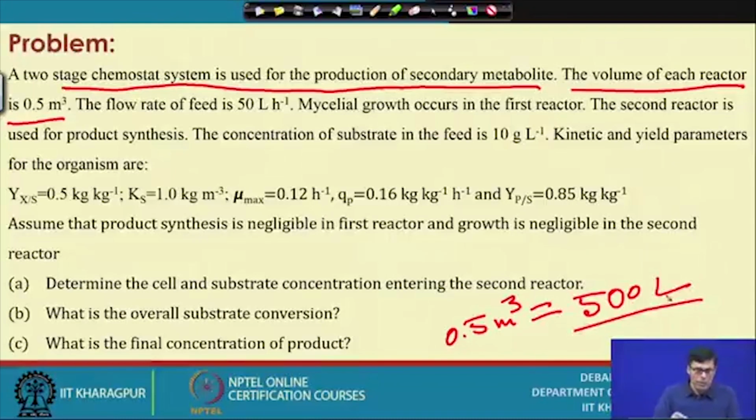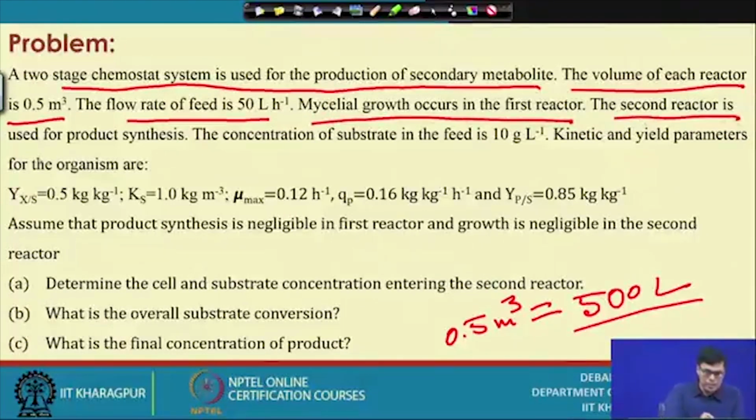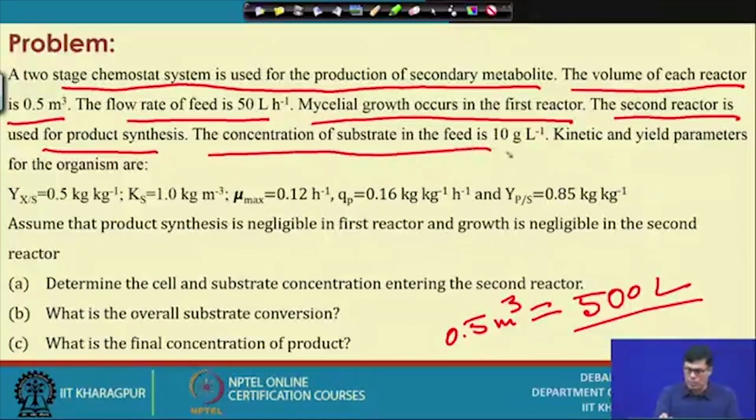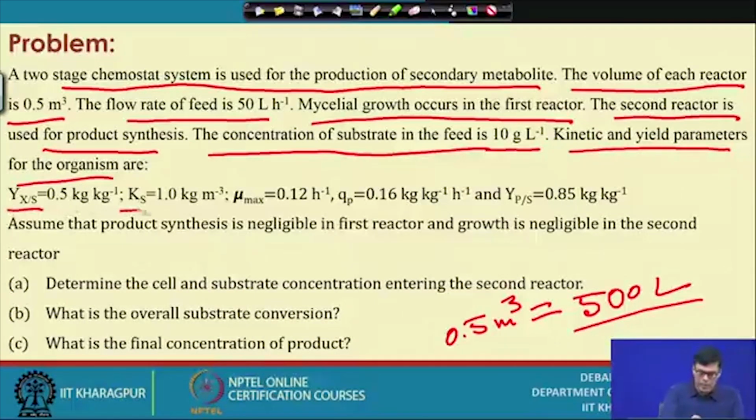Am I right? The flow rate is 50 liters per hour. The mycelial growth occurs in the first reactor, and the second reactor is used for product synthesis. The concentration of the substrate in the feed is 10 grams per liter. The kinetic and yield parameters of the organism, Y X by S, Ks, mu max, q p, and Y P by S, are given here.